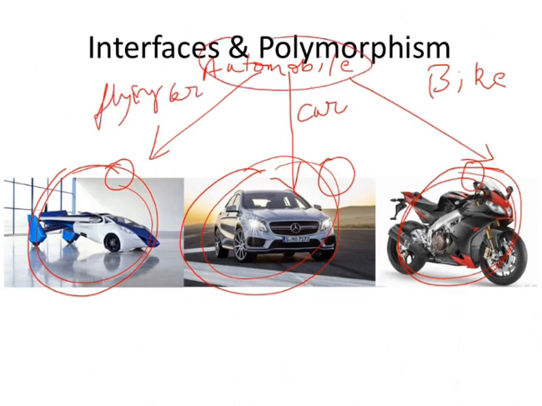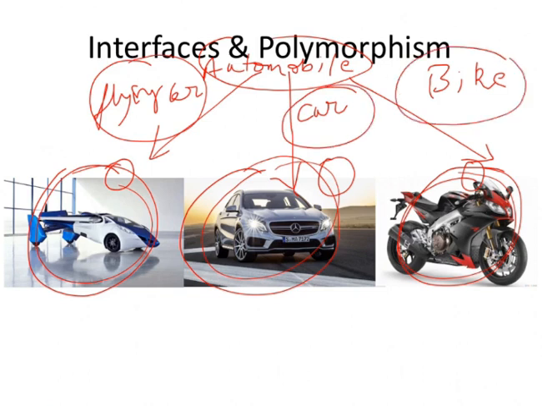Now let's try to implement this structure of automobile, then a flying car, then a car, and then a bike inside Java. So in our example, this automobile will be an interface. This flying car will be a class. This car also will be a class. This bike also will be a class.